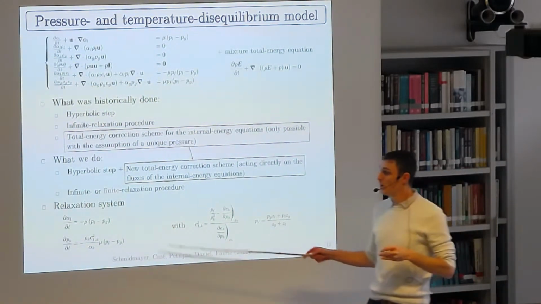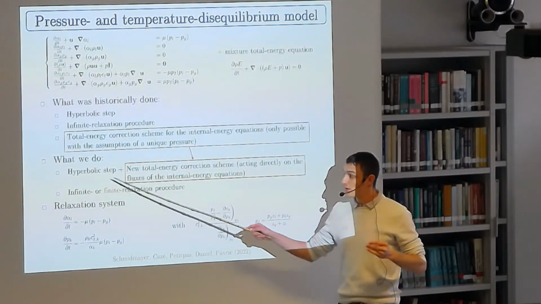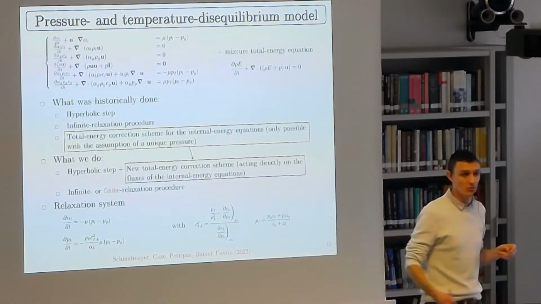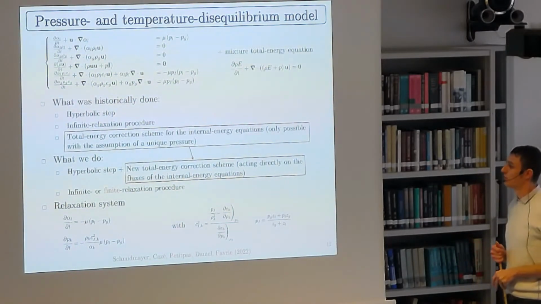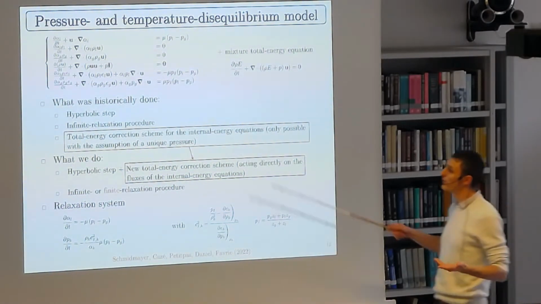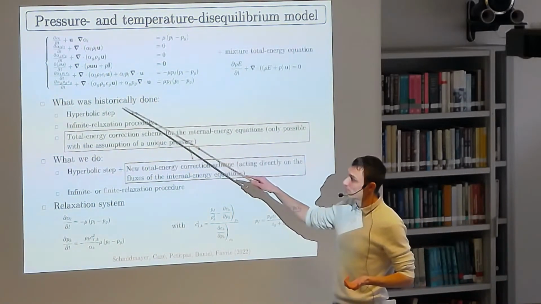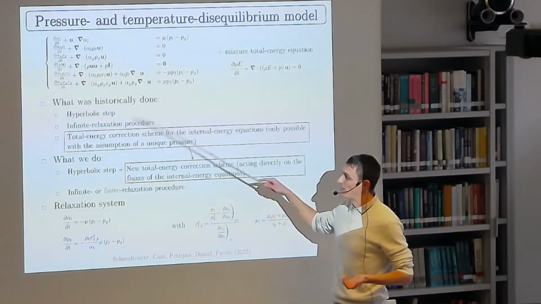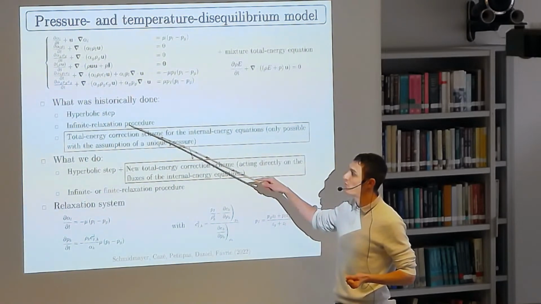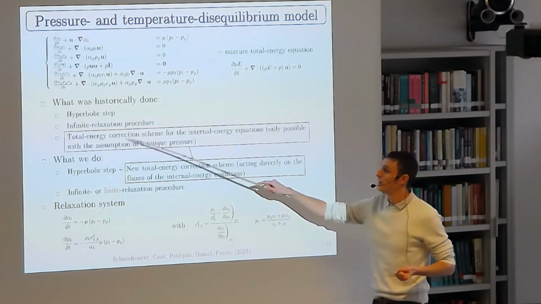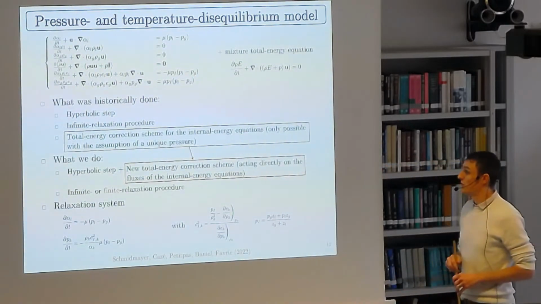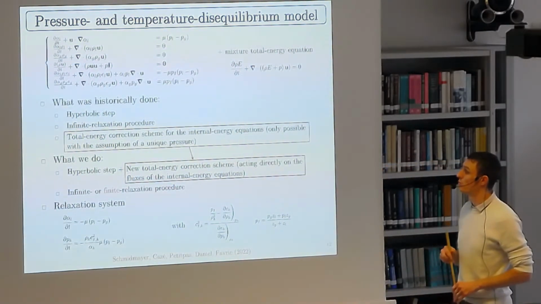It was mandatory to use infinite relaxation because of the way it was constructed. So what was done was a hyperbolic step, an infinite relaxation procedure, and after this a total energy correction scheme for the internal energy equations.